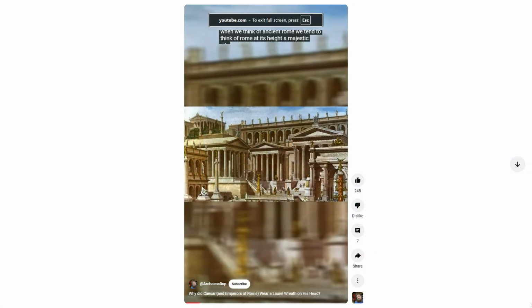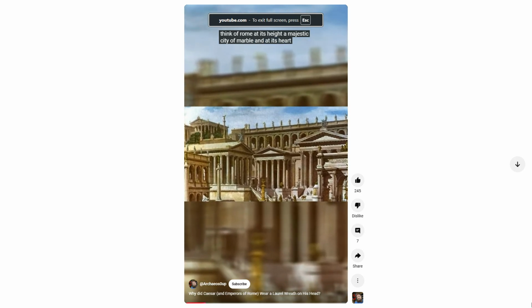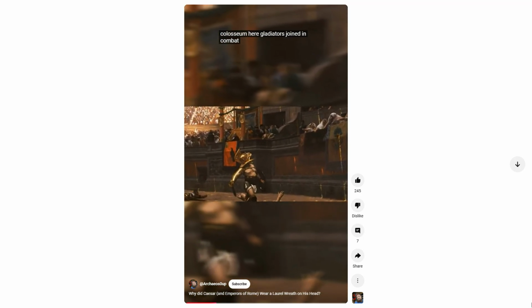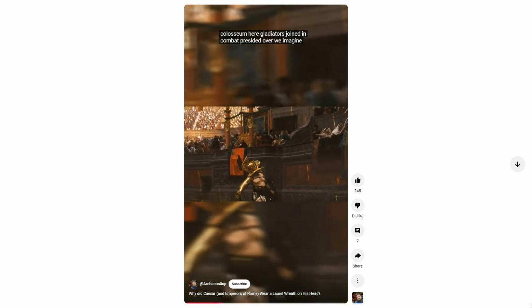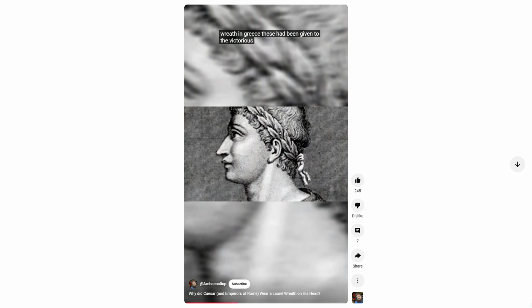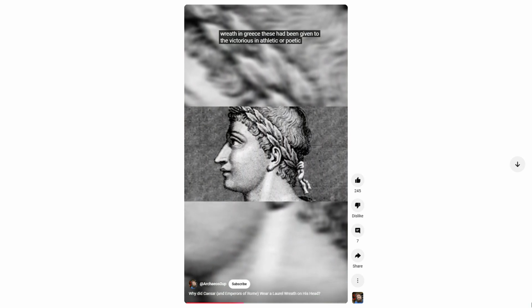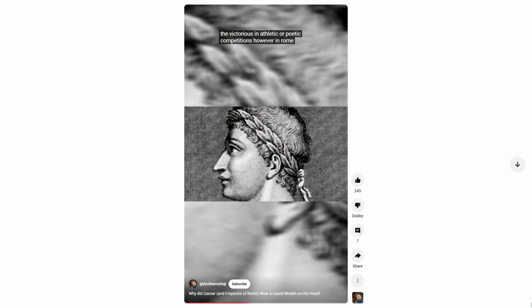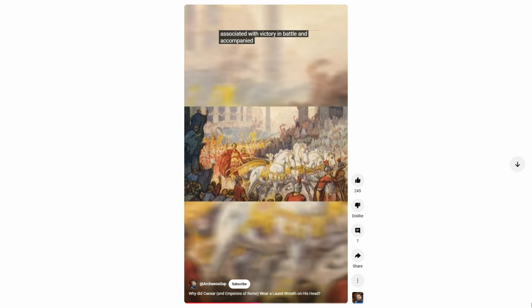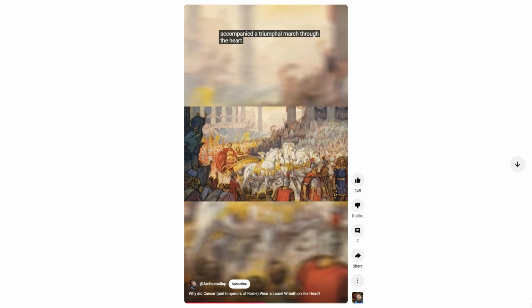When we think of ancient Rome, we tend to think of Rome at its height, a majestic city of marble, and at its heart, the Colosseum. Here, gladiators joined in combat, presided over, we imagine, by the emperor, and atop his head was a laurel wreath. In Greece, these had been given to the victorious in athletic or poetic competitions. However, in Rome, they were associated with victory in battle and accompanied a triumphal march through the heart of the city.